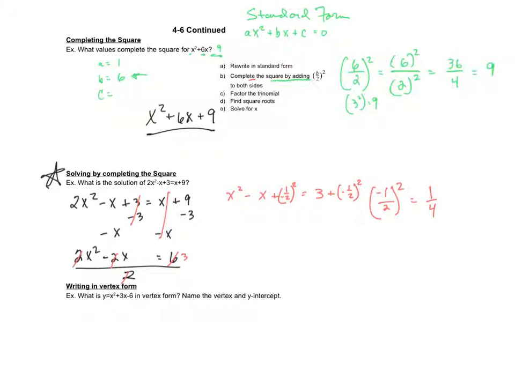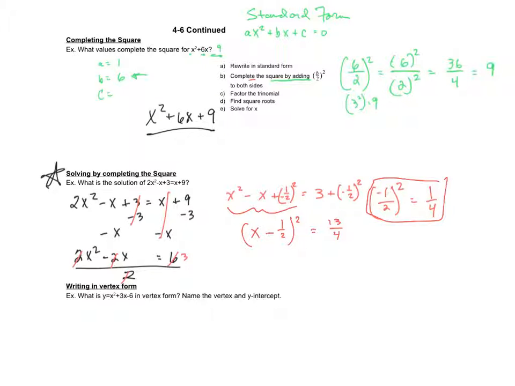All right, so I've added this value to both sides, and then it says factor the trinomial. Well, here is my trinomial, and that will factor out to x minus 1/2 squared equals, what do I get over here? How about 13 over 4?